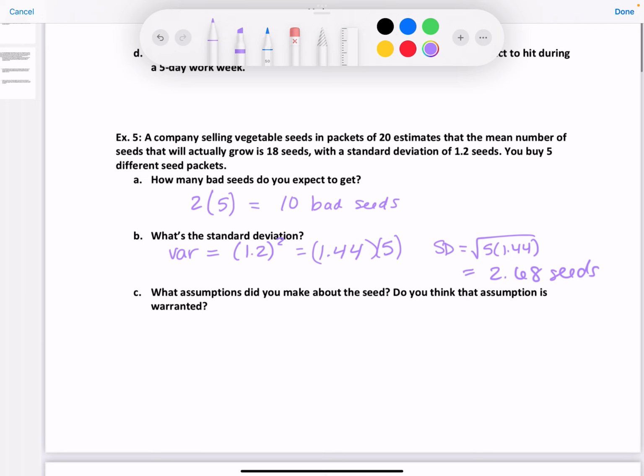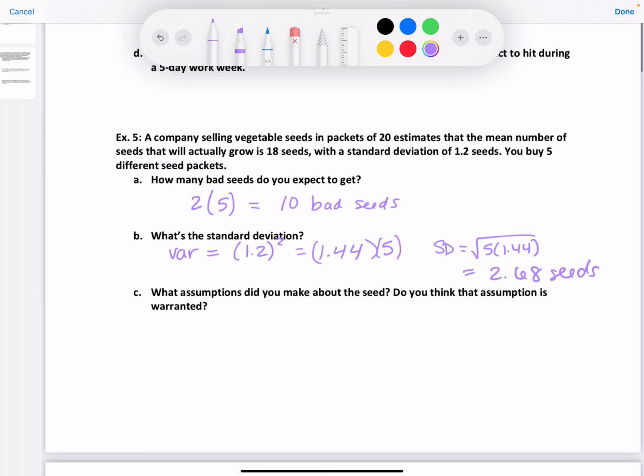So what do you mean by assumption? Like what wasn't stated in the problem or the question, but that you assume to be true about the question or about this particular topic? Think like our last chapter.